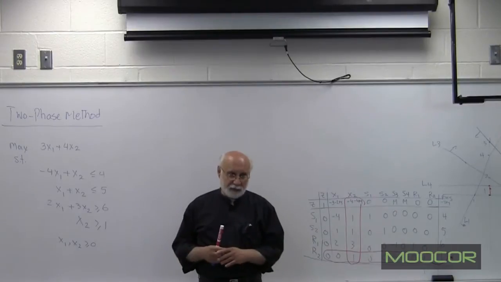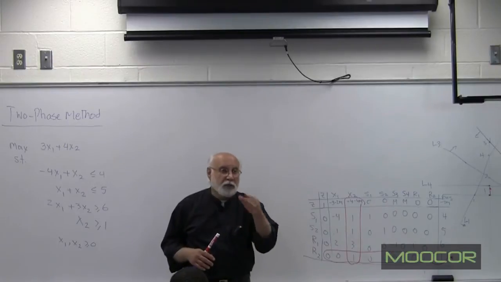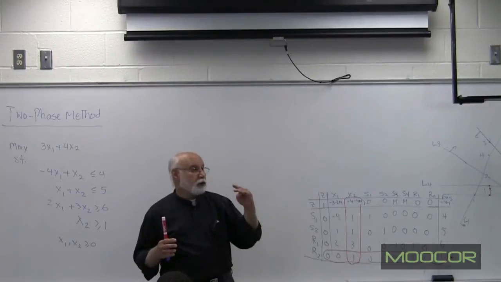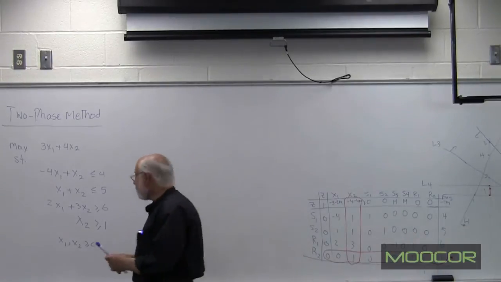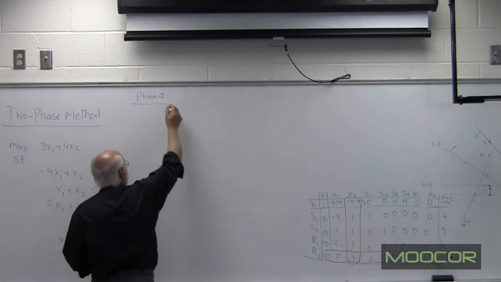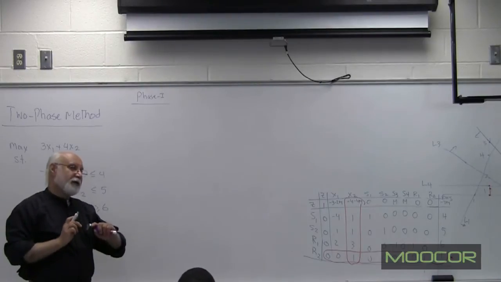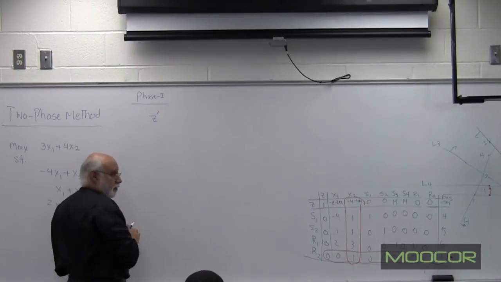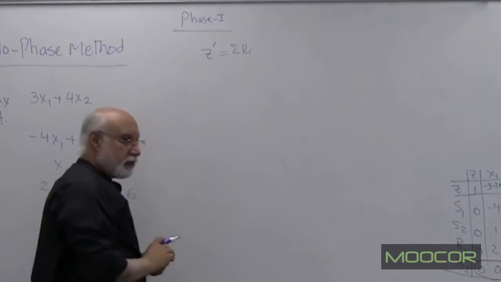Right now they have values. How would I make sure that they become 0? I will minimize that sum. So phase 1 objective function is to minimize the summation of artificial variables. So I'm going to set up my phase 1 problem. Phase 1 problem consists of a new objective function, I call it z prime, equal to the summation of all the i's that I have.